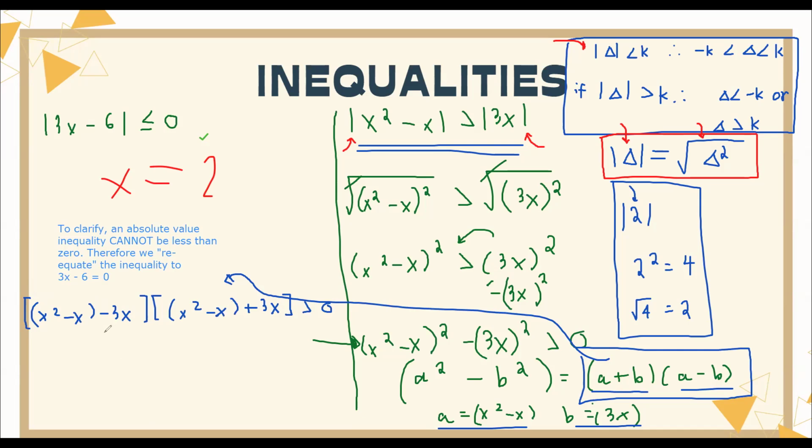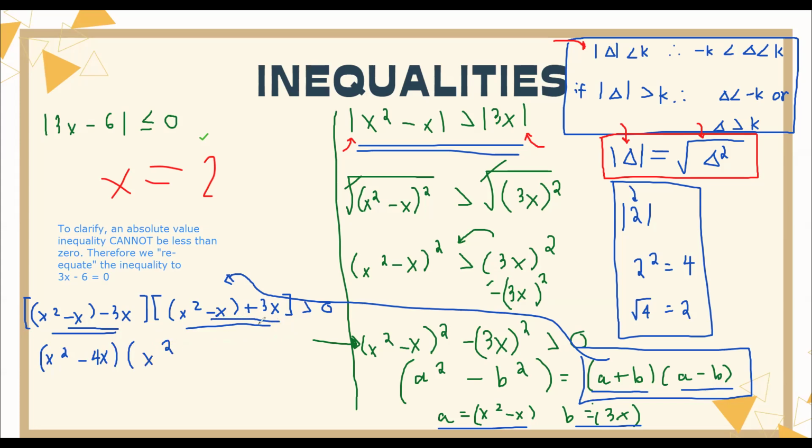This will become factoring lang. Okay? I don't want to skip some steps. Simplify lang natin to. We have x squared minus 4x, right? Kasi minus x minus 3x times x squared.